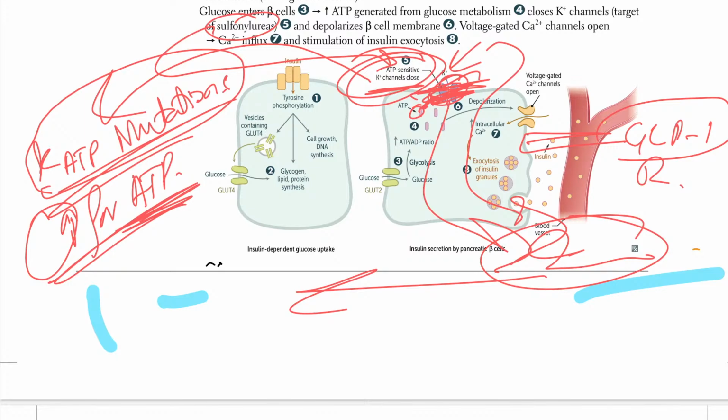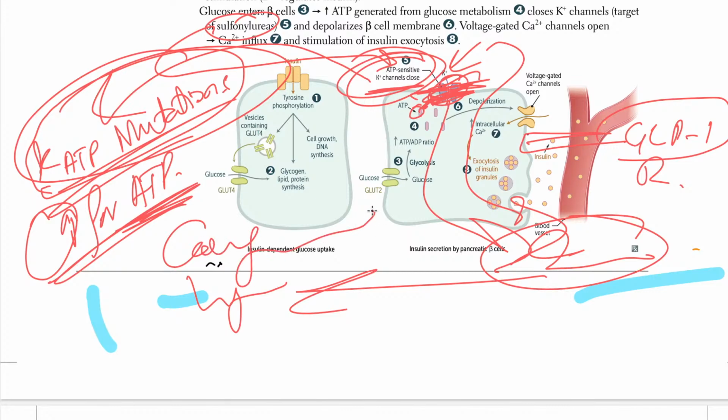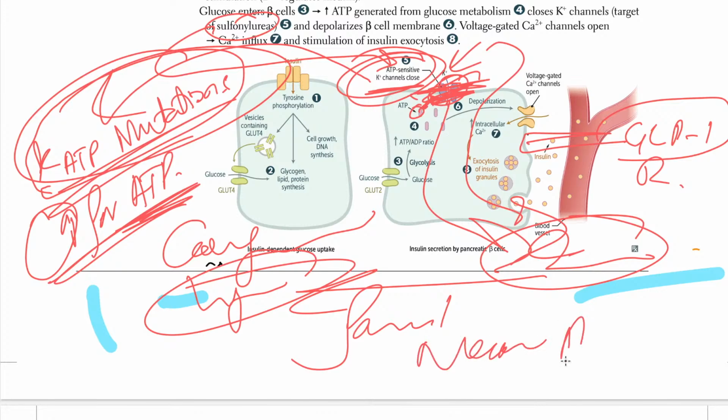Now you have a lot of insulin and not glucose in there, so you are going to cause a hypoglycemia. And because this is a congenital problem, it's called congenital hypoglycemia or neonatal hypoglycemia. Okay, it is the familial form of neonatal diabetes. So let me write it down: familial form of neonatal diabetes. Okay, that's one thing.